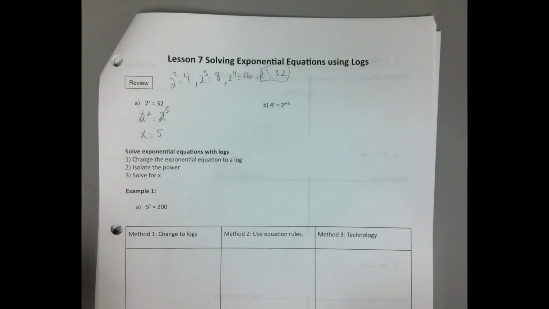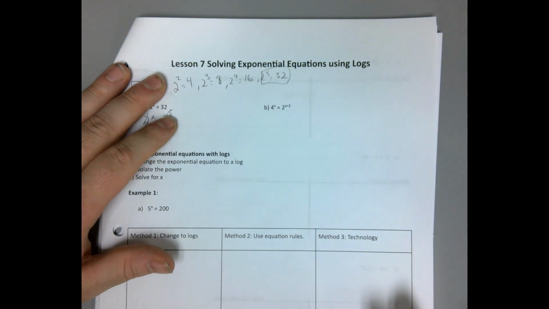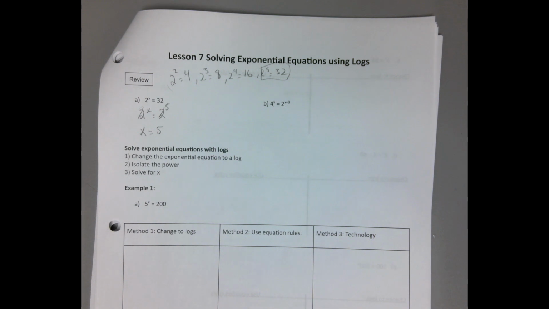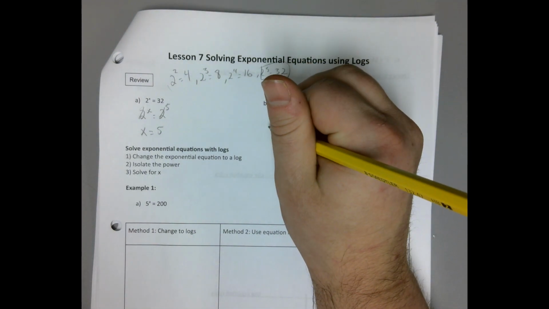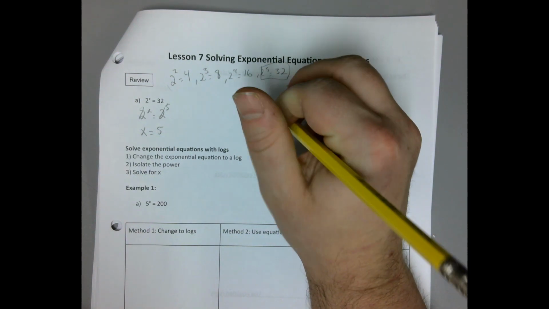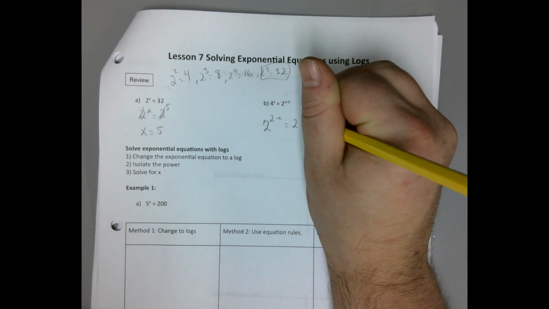If we want to solve this the same way that we did in example A, I want to have that base the same. Looking up here, 2 to the power of 2 is going to be 4. So we're going to go 2 to the power of 2 times x is equal to 2 to the power of x plus 3.